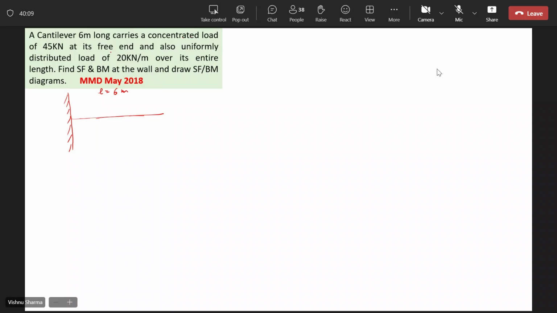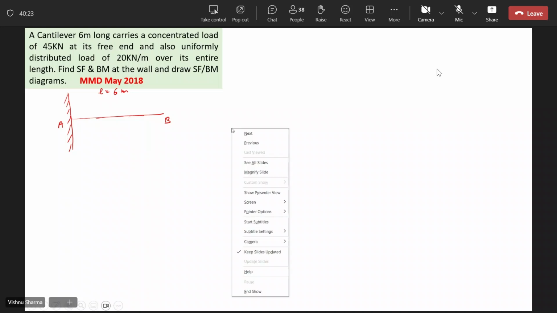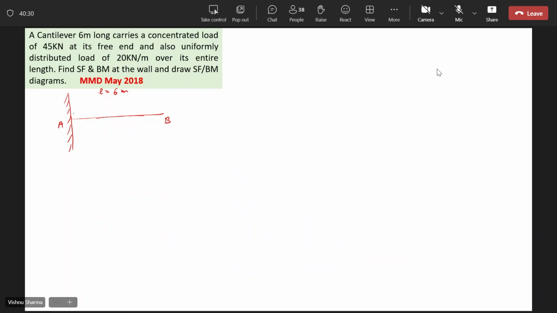Let's say this is A, this is B. It carries a concentrated load of 45 kilonewton at its free end and also a UDL of 20 kilonewton per meter over a length.